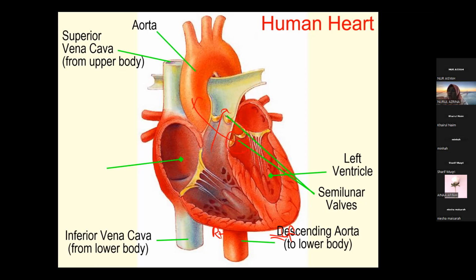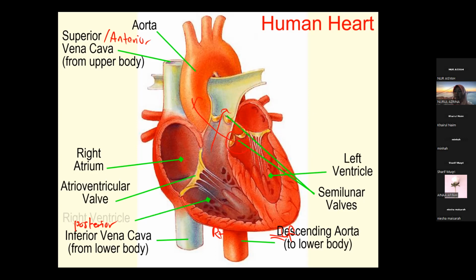Superior is also called anterior, and inferior is also called posterior. The vena cava brings the deoxygenated blood into the right side of the heart, going into the right atrium and then to the right ventricle via the atrioventricular valve. Another name for the atrioventricular valve is the AV valve. We have two AV valves, on the right side and the left side.